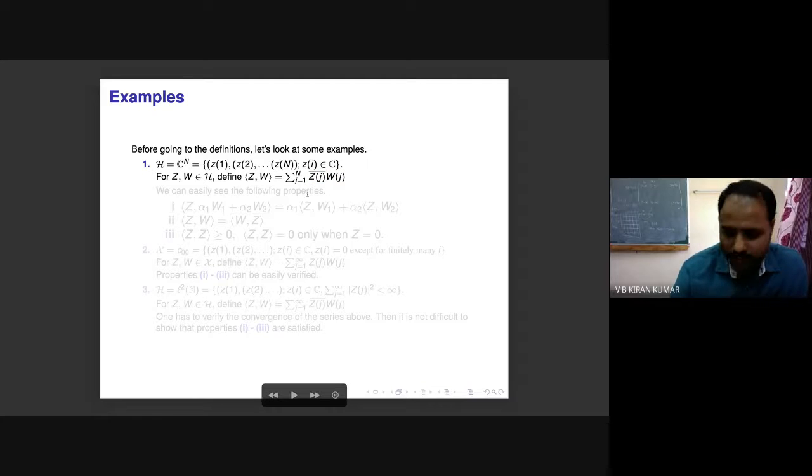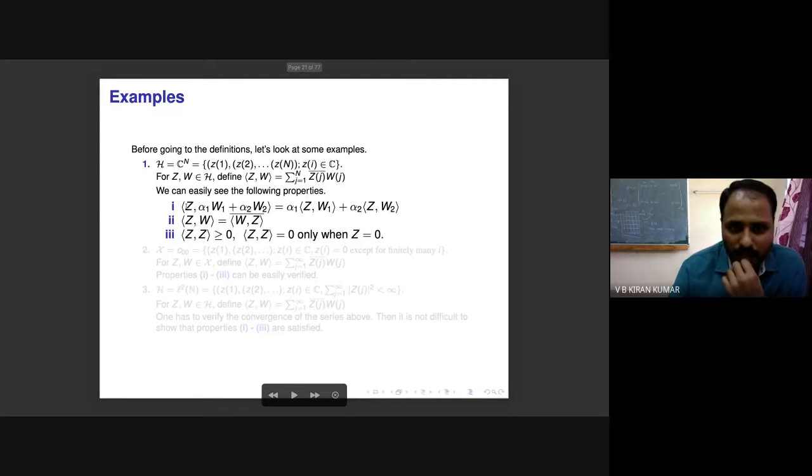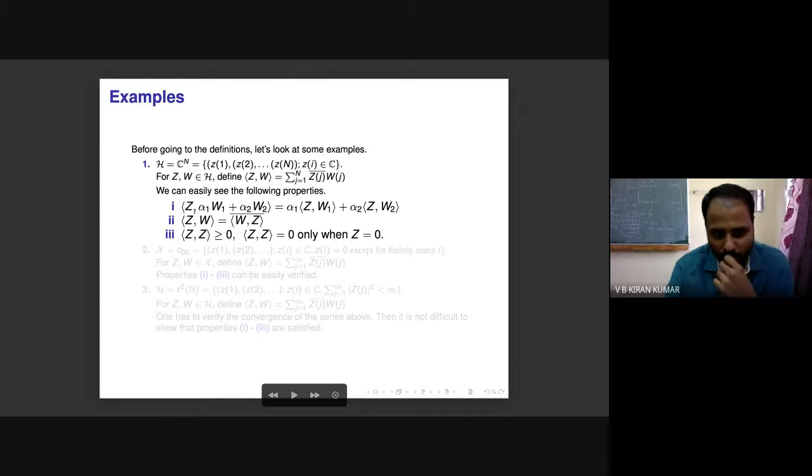Then you can easily see that this definition will satisfy these four properties. What are they? This will be linear in the second variable. That means if you replace the second variable by alpha 1 W1 plus alpha 2 W2, then you can take that sum outside: alpha 1 times inner product of Z and W1 plus alpha 2 times inner product of Z and W2.